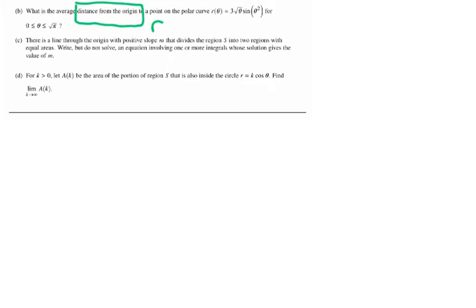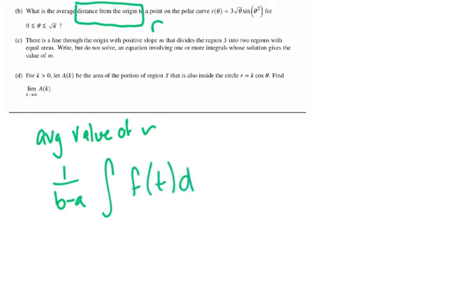Theta being the angle that it's making with the x-axis. So the average distance from the origin is just asking what is the average value of r. An average value is always given by 1 over b minus a times the integral from time period 1 to time period 2 of f of t dt, even if we're talking about polar.